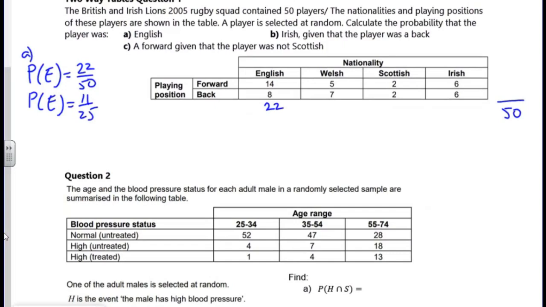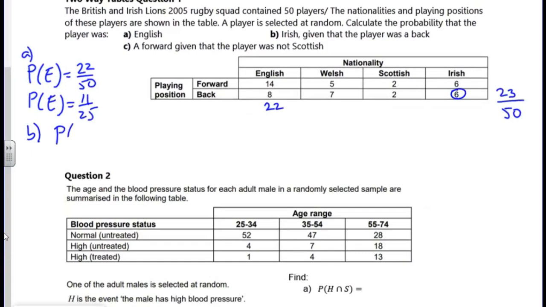Irish, given that the player was a back. So I want to see an Irish player taken out of all the backs. That's what I'm after. So it's Irish taken from the backs. So all the backs, we have got 10, 16, 23 backs, but I've only got 6 Irish players taken from the backs.